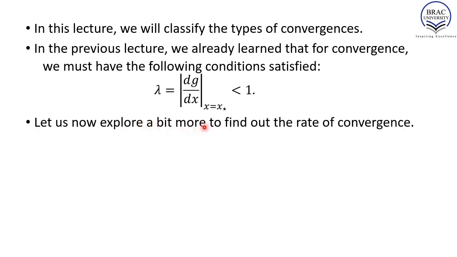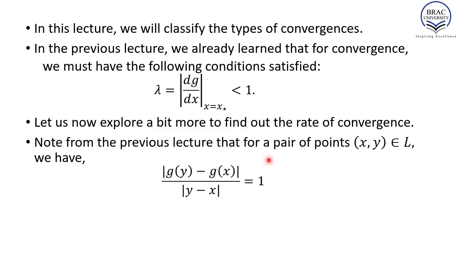Let us now explore a bit more to find out the rate of convergence. Note from the previous lecture that for a pair of points x and y, both in the contraction length, we can define the ratio g of y minus g of x divided by y minus x. Remember that y minus x is the length or distance between the pair of points x and y where iteration starts, and g of y minus g of x is the length or distance between these 2 points after some iterations.